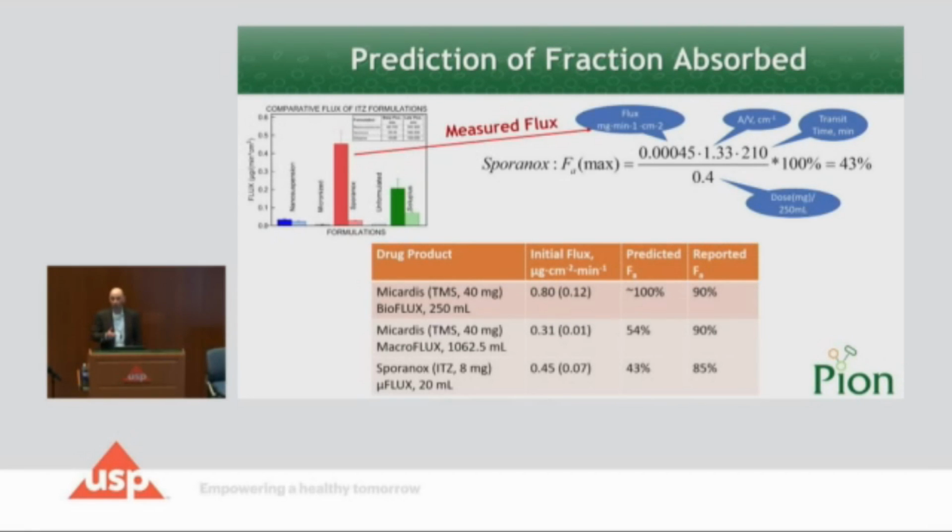We undercalculated, but itraconazole is a drug which binds to all tissues. I think its Tmax is about 5 hours. So we cannot calculate fraction absorbed based on a 3.5 hour estimate of transit time. The transit time must be taken as much longer than 3.5 hours.